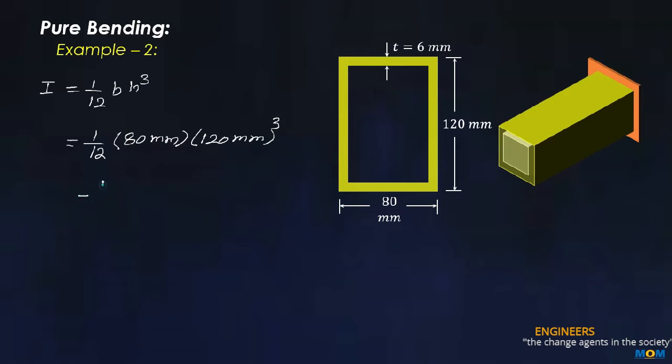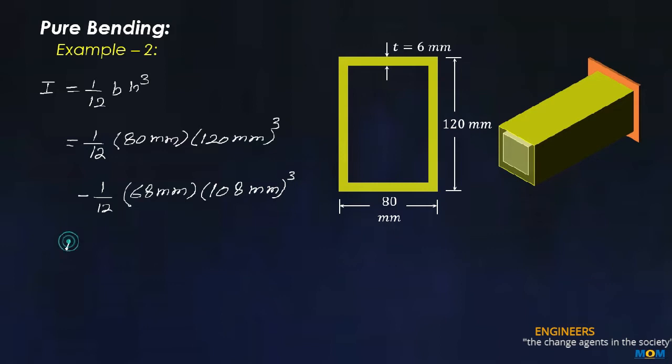minus the inner dimensions. Now this is the thickness, 6 millimeter on this side, 6 millimeter on this side, so subtracting 12 millimeter from 80, we are left with 68 millimeter, multiply with, now again subtracting 12 millimeter from 120 millimeter, so this is 108 millimeter cube.